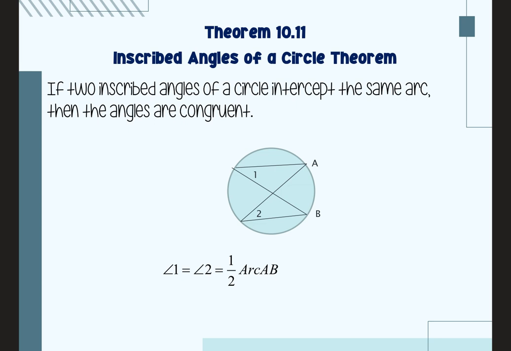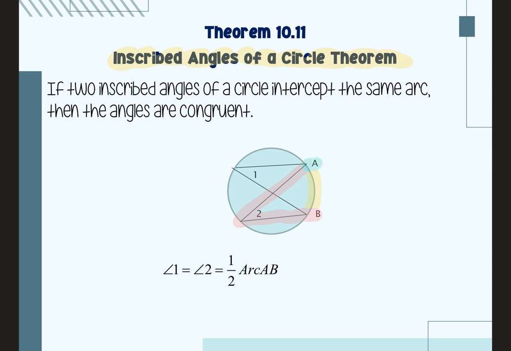Thank you. Theorem 10-11, inscribed angles of a circle theorem, says if two inscribed angles of a circle intercept the same arc, then the angles are congruent. Logically, this should make sense. If AB has a measure, arc AB, and angle 2 intercepts that arc, it would be half its measure.